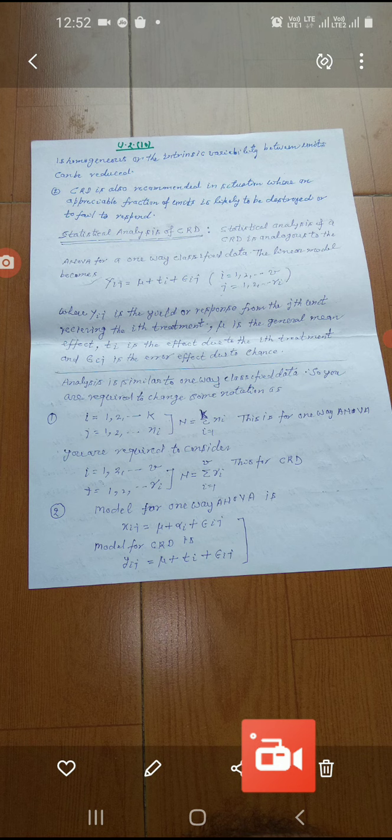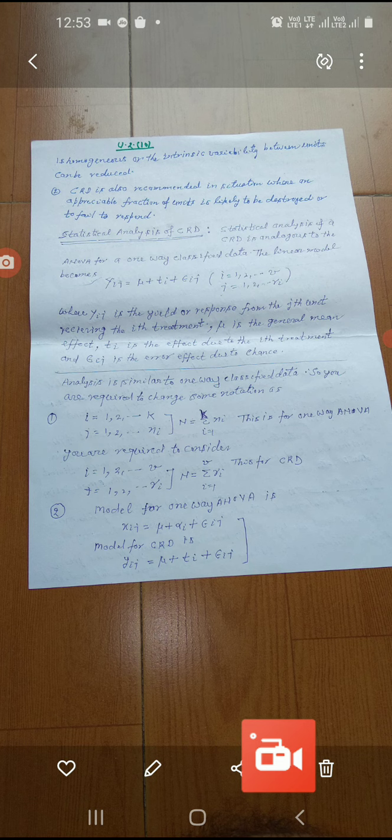As in one-way analysis of data, the linear model becomes Yij, and in one-way analysis of the data we have taken Xij. So there are some changes in the notation, but the meaning is the same.